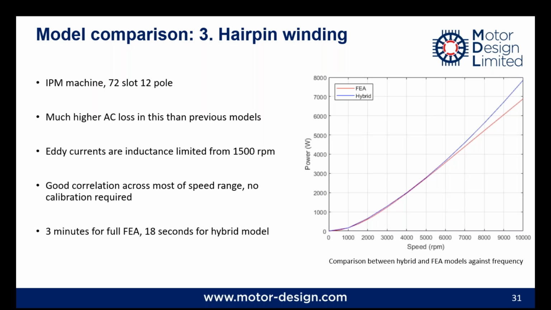With the hairpin windings, a bit like the concentrated winding, we only have a single conductor per turn, and that means we don't have to calibrate the models, and we can do a like-for-like comparison. We get pretty good correlation between the hybrid and the FEA model. It starts to diverge a little bit at maximum speed, but for an initial design process and iterating things, the hybrid model shows very good results.